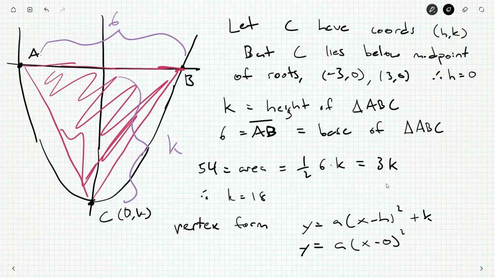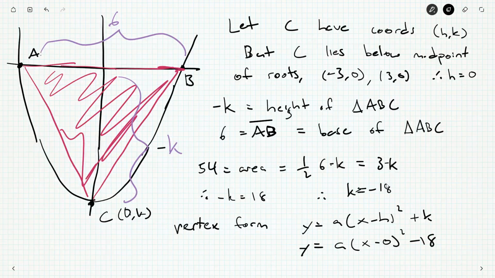So k is, oh, I guess it's negative. So negative k is the height. So negative k is 18, therefore k is negative 18. Got to be careful about that.